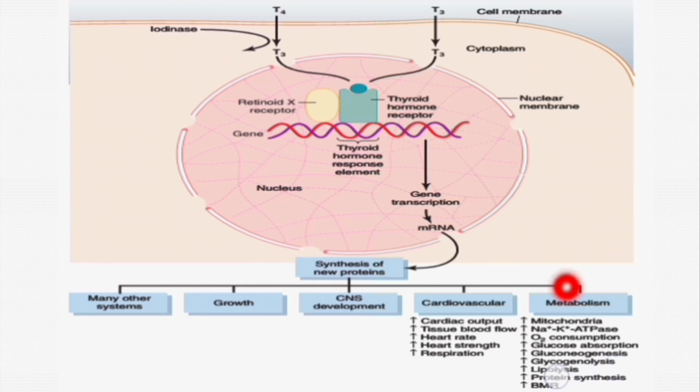Regarding metabolism, it increases the activity of the mitochondria, it increases sodium potassium ATPase pump activity, it increases oxygen consumption, then glucose absorption, gluconeogenesis, glycogenolysis, lipolysis, protein synthesis, and it causes increased BMR. Similarly, it has a wide variety of effects on the cardiovascular system, CNS, growth, and on many other systems, which we will discuss in the next video on the functions of thyroid hormone.